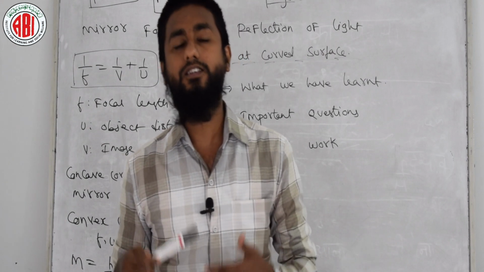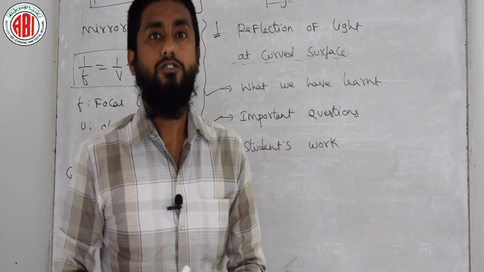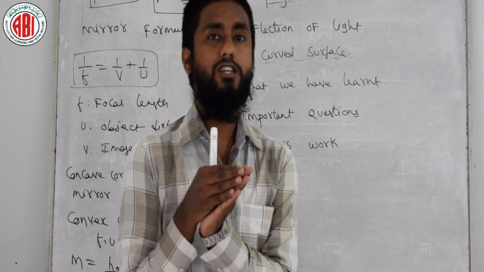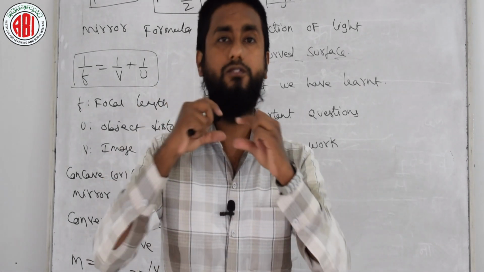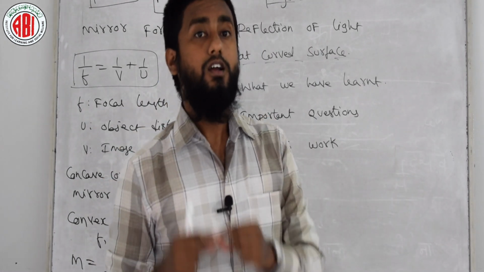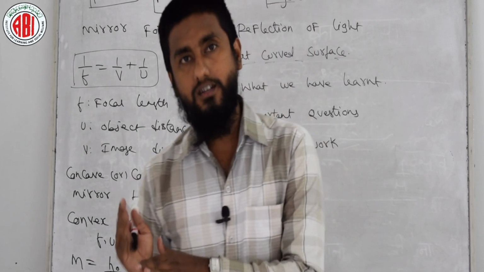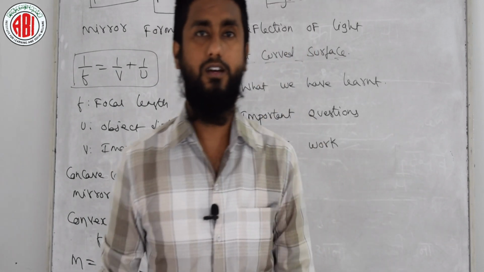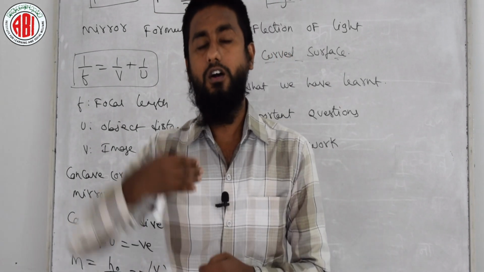First you need to know that spherical mirror is nothing but convex mirror and concave mirror. Application is nothing but uses. So you need to write uses of convex mirror and uses of concave mirror. Once again, convex mirror is nothing but diverging mirror, concave mirror is nothing but converging mirror.